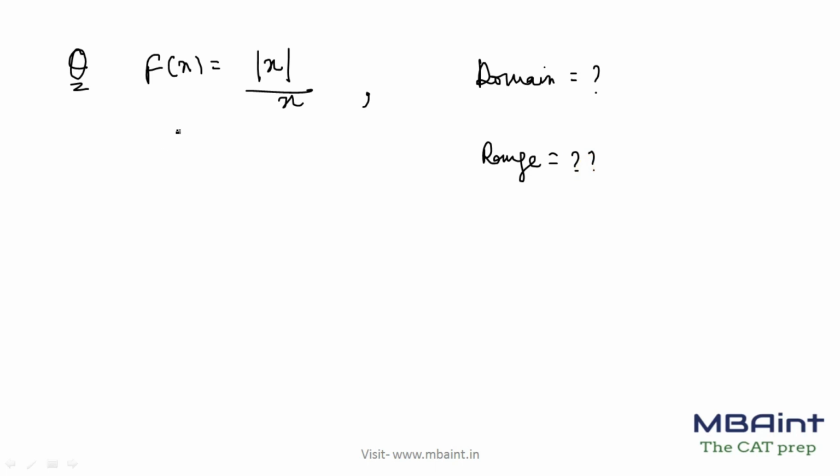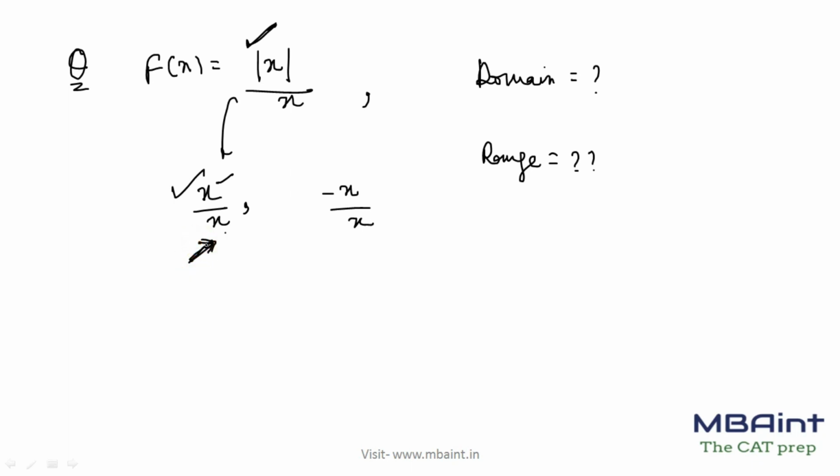Okay, I hope all of you have given a try. Now I know that this is a mod x, right? So if it's a mod x, there will be two cases for sure, that is x upon x, and negative x upon x, right? So I know that again range can be any number, right? It's from negative and 0, it can be any value possible. Now again I know that my denominator shouldn't be 0, right?